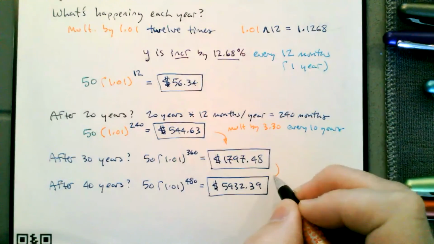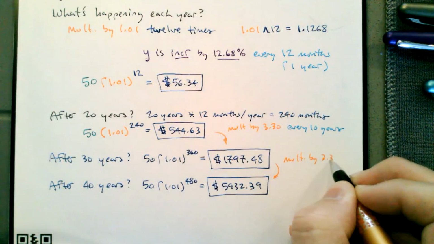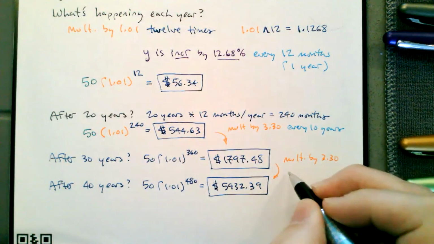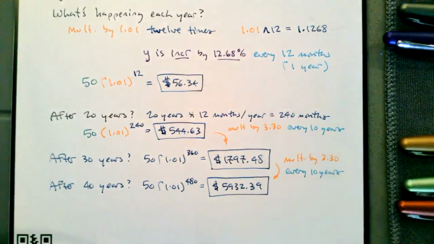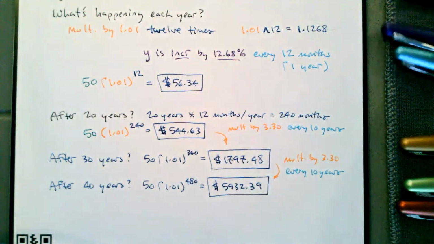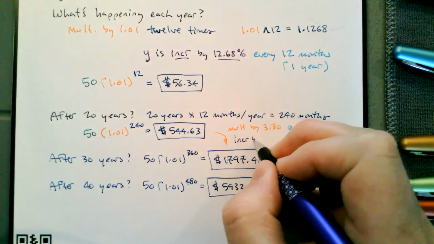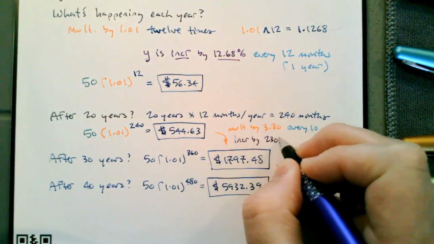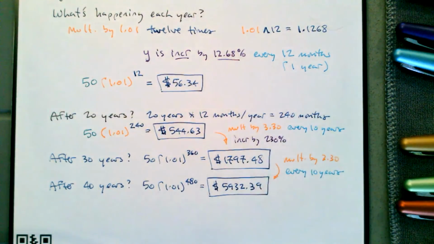And the same thing happened here, multiplied by 3.30 every 10 years, or an increase of 230% every 10 years.